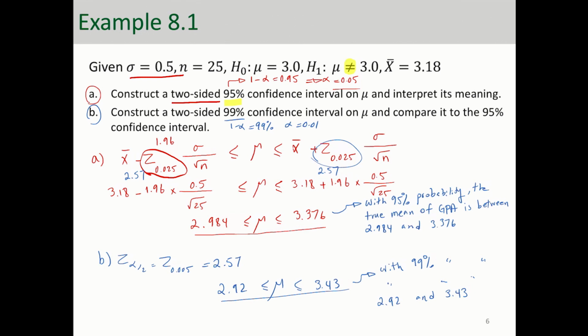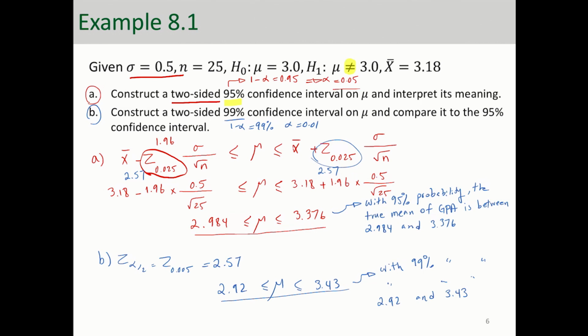So what do you realize here by comparing these two confidence intervals? This confidence interval is wider. This value is more than this value, and this value is less than this value. So it's a wider interval. And it makes sense because now you're saying with 99% probability the average GPA is between these two. Here you were saying with 95% probability.